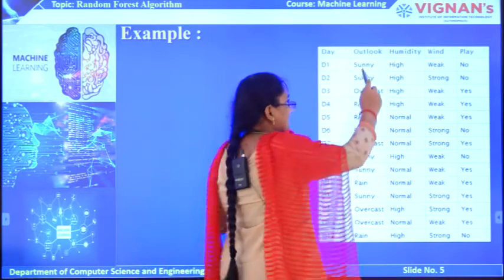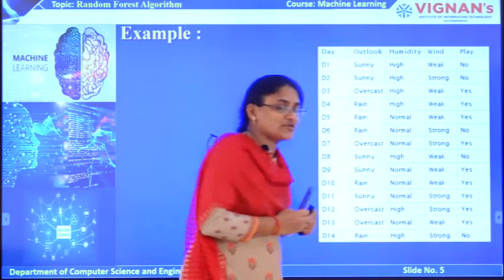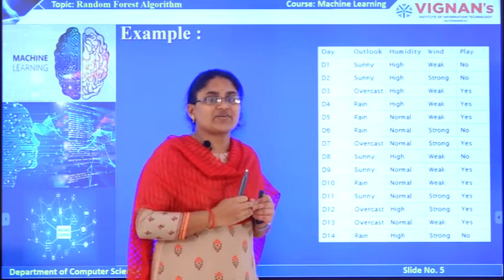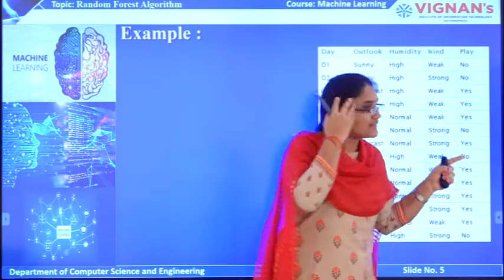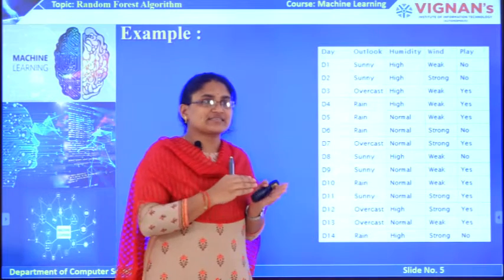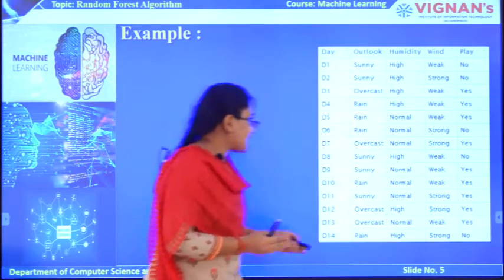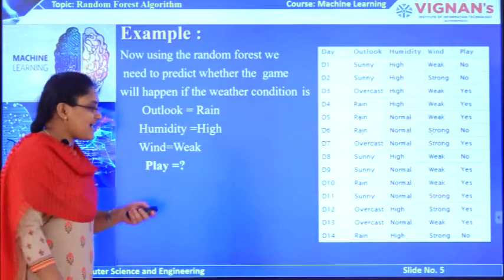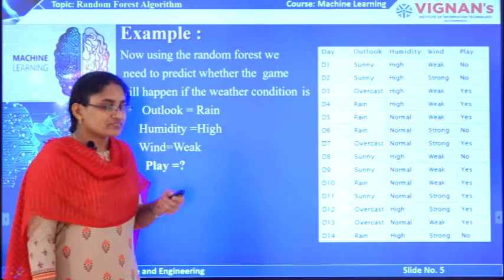Outlook, humidity and wind are the attributes which give the weather condition for a particular day, and here play is the target variable which tells whether the game is played or not on a particular day.